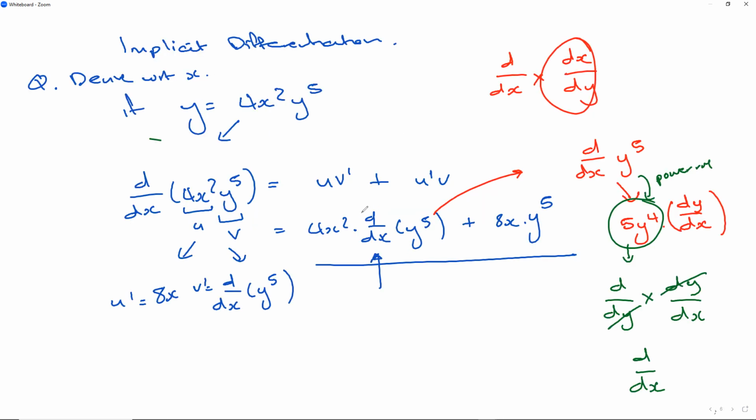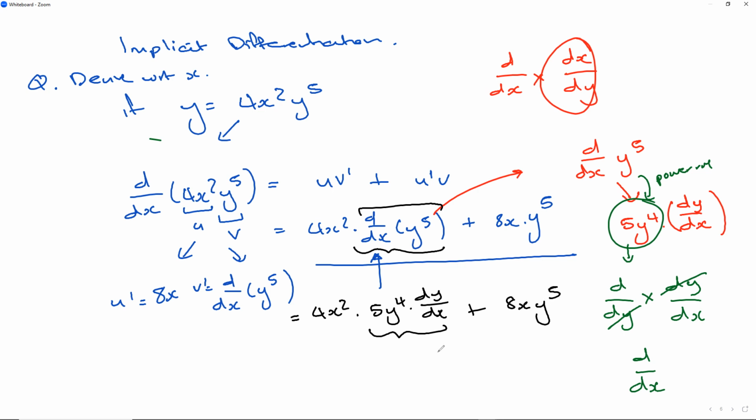So this part over here, where we're now going to take that and derive it, we're going to end up deriving this with respect to y. It's going to become 5 times 4, so we get 4x squared multiplied by 5y to the power 4 times dy dx, basically. That whole component over there becomes that, plus 8x y to the power 5.